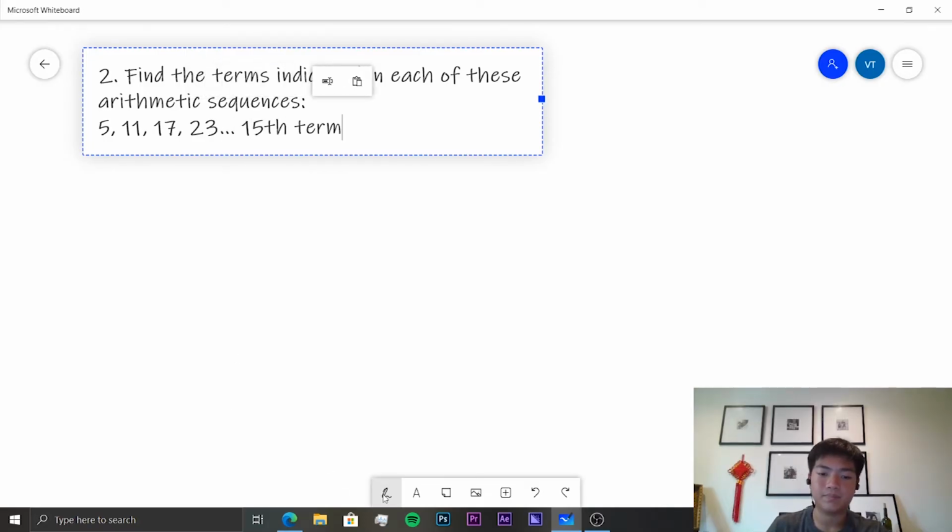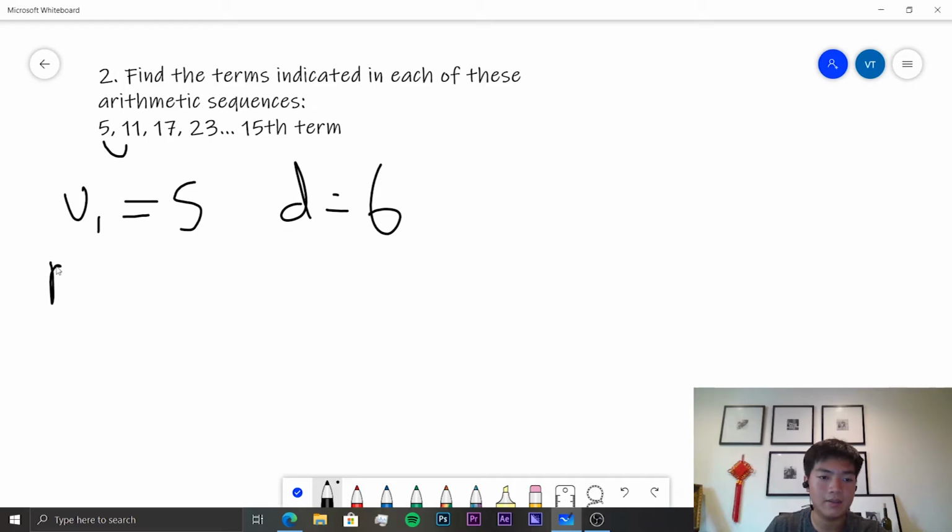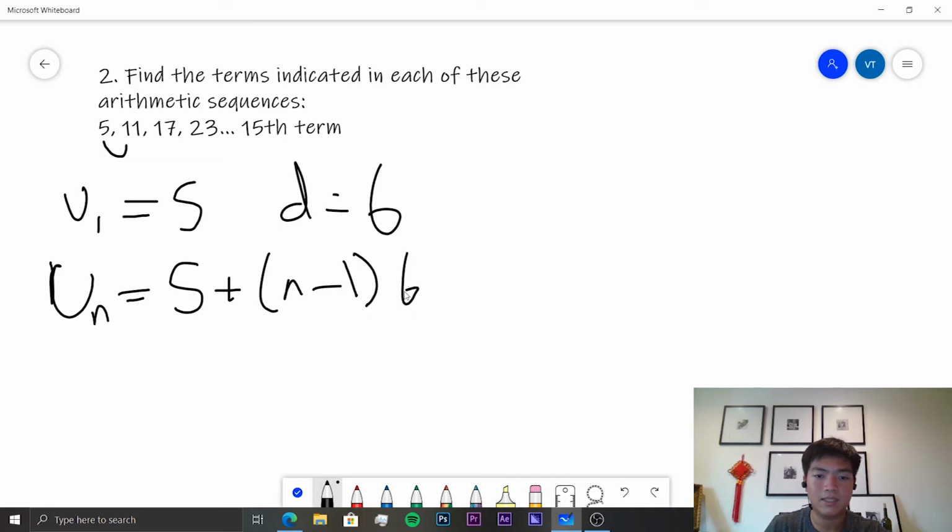Okay, so we'll do this by first getting the nth term. We know that the first term is equal to 5, and the common difference is equal to 6. So for the nth term, un is equal to 5 plus n minus 1 times 6. We need to find the 15th term, so we'll simply plug in n as 15.